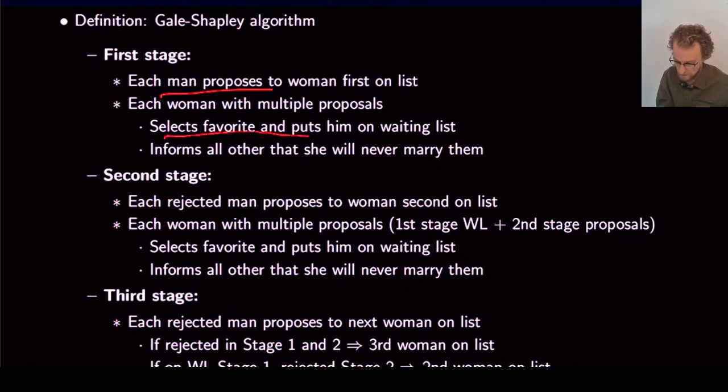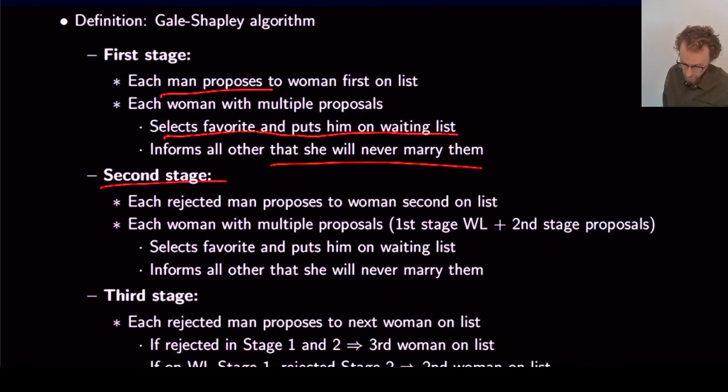So the woman selects her favorite among the proposals she has received, puts that on the waiting list and says, tentatively, I'm going to be with you. We'll hang out until someone better comes along. And then to the other proposals she receives, she says, leave me alone and never talk to me again. Go back to the pool and don't come back. I don't know who I'm going to match with, but it ain't going to be you.